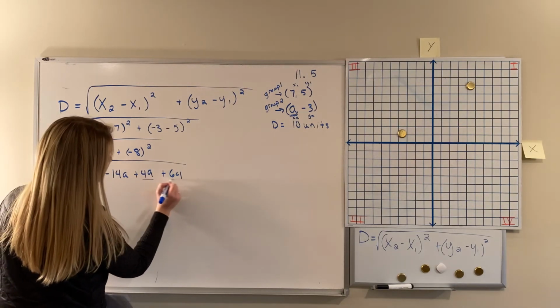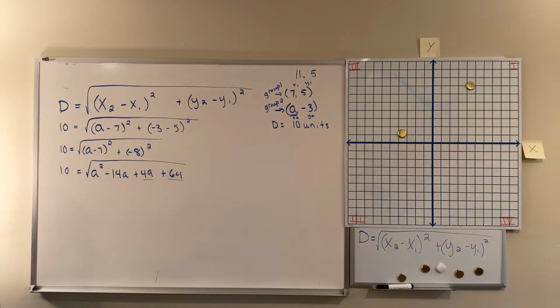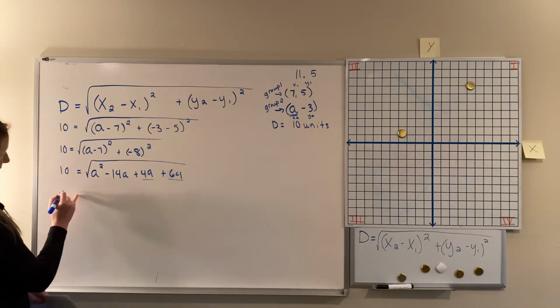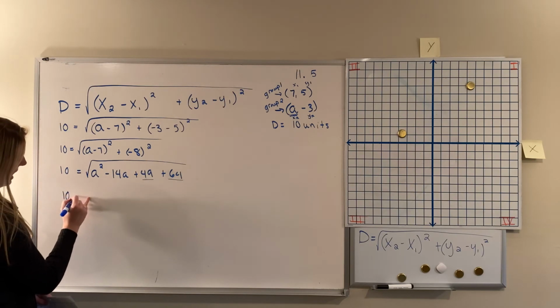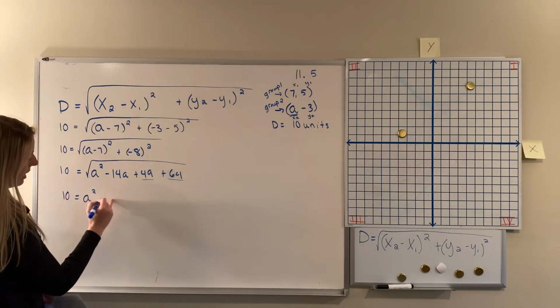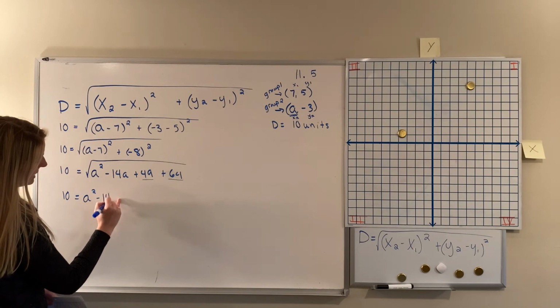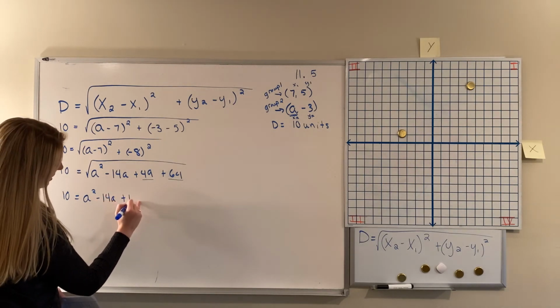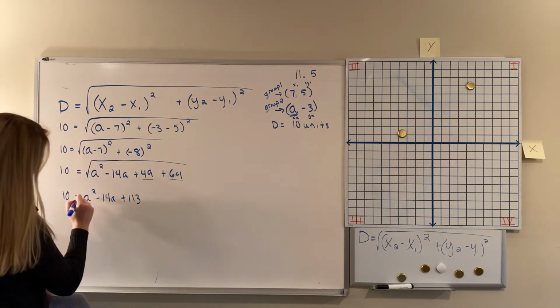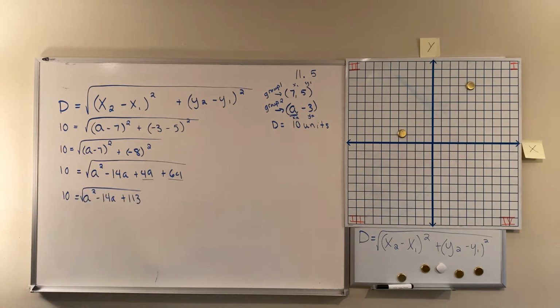I can combine 49 and 64. They're freestanding constants, so they can be brought together. Nothing else can be at this point. So now I have 10 is equal to the square root of A squared minus 14A plus 113.